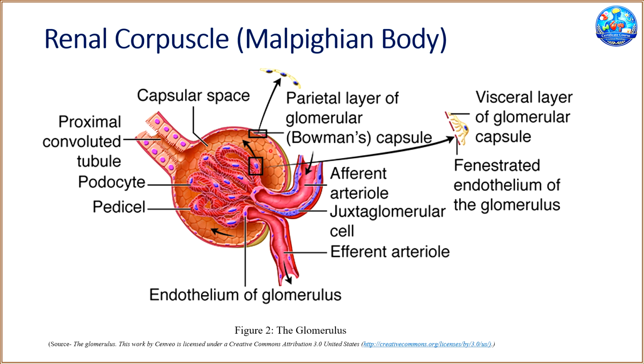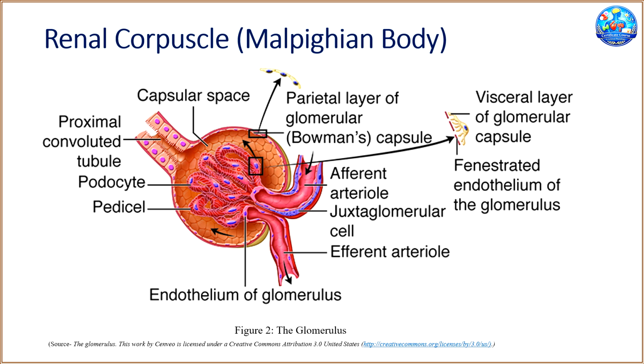The Bowman's capsule is a specialized cup. It is a double wall structure and it surrounds the glomerulus. Its inner layer is made up of specialized cells which we call podocytes. These podocytes have small slits, and they act like filtration units.